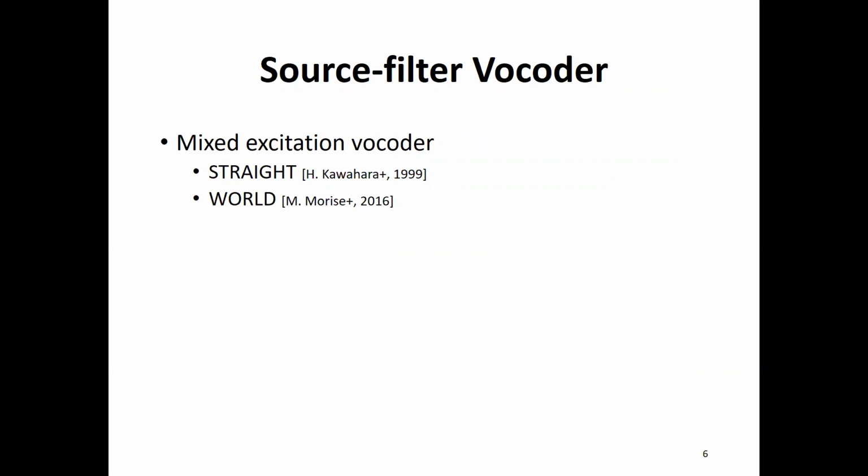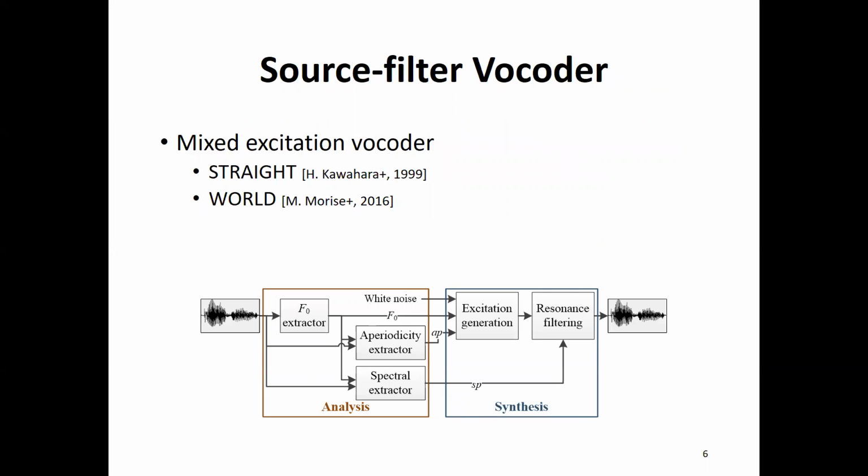One of the most popular source filter vocoders is the mixed excitation vocoder, such as STRAIGHT and WORLD. As shown in this figure, in the analysis stage, the mixed excitation vocoder first extracts the fundamental frequency F0 of the input speech, and then it extracts a periodicity AP and spectral envelope SP based on the extracted F0.